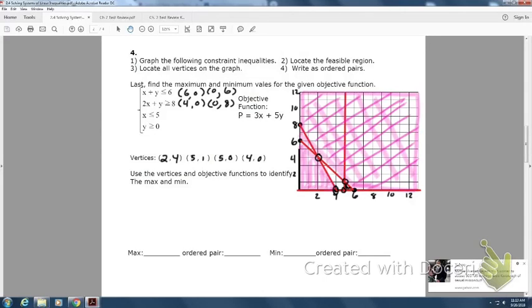Okay, so now I will take my objective function, P equals 3 multiplied by the x values plus 5 times the y values. And since I have 4 vertices, I'm going to do that 4 times.